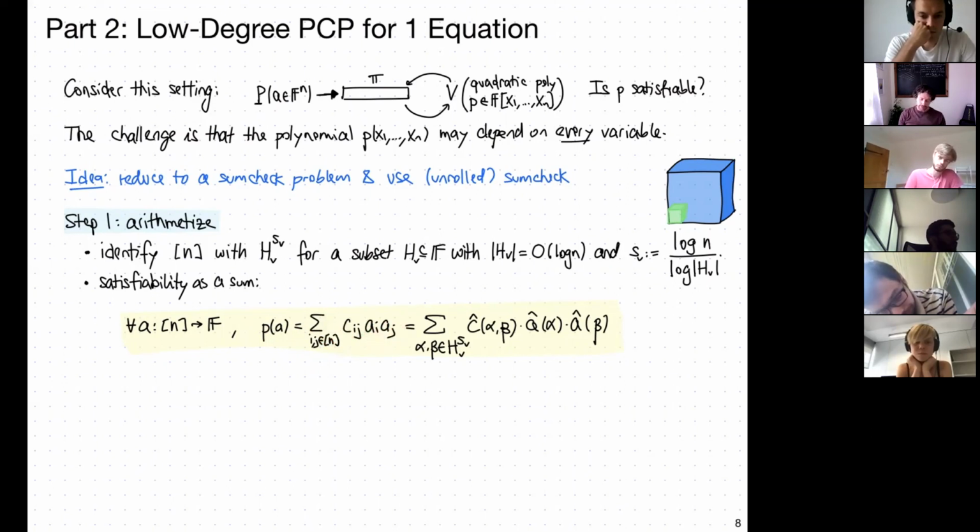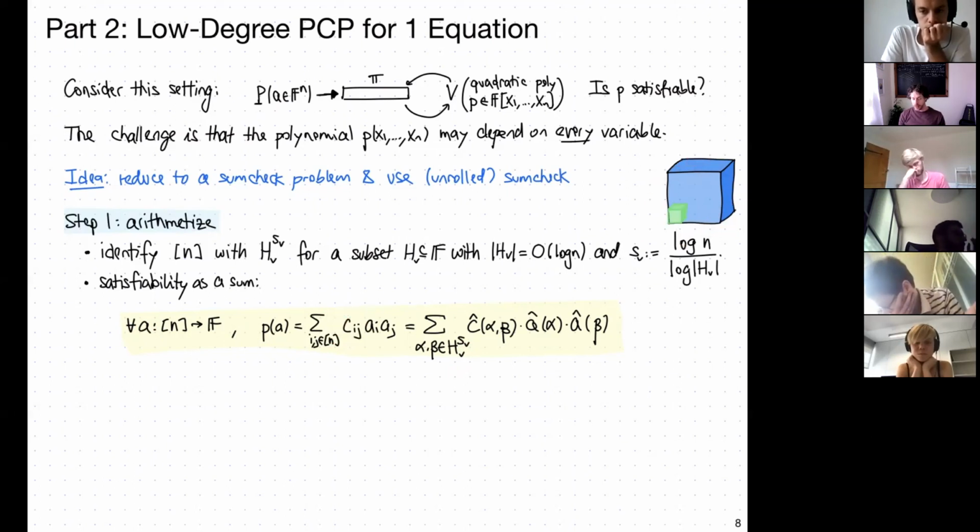And then what we can do is take the low degree extension of this function. Instead of considering the function from n to F, we can extend it into a polynomial. We'll have the low degree extension of c, which is a function that on these values is exactly the coefficient c of ij, but we can also evaluate it over the entire field because it's a formal polynomial and we can evaluate wherever we want.